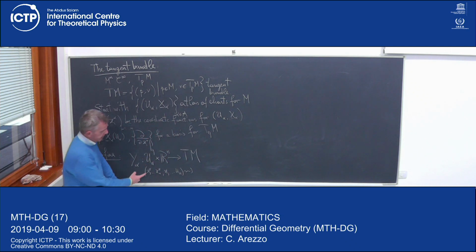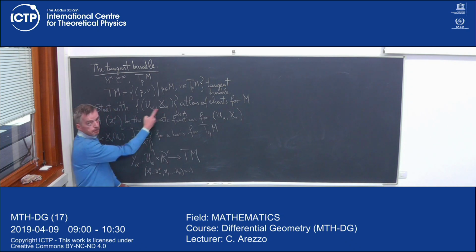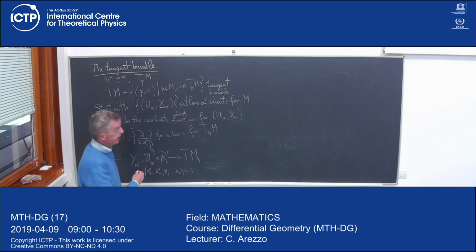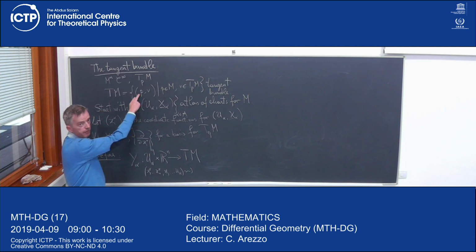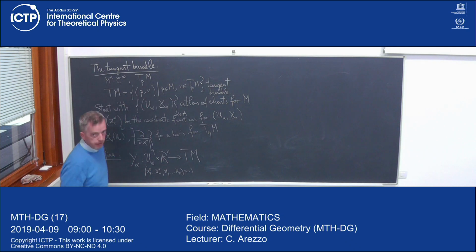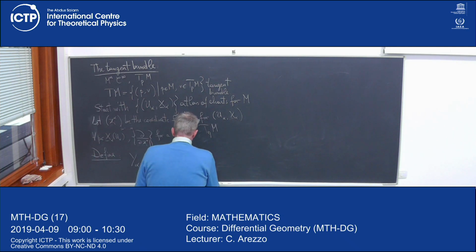So out of this, I need to construct a point and a tangent vector at that point. Well, the point is quite obvious. I have these coordinates here, I map with x onto M. So I have to give you a point and a vector. The point is clear. I'm just giving you x alpha of x1, ..., xn.